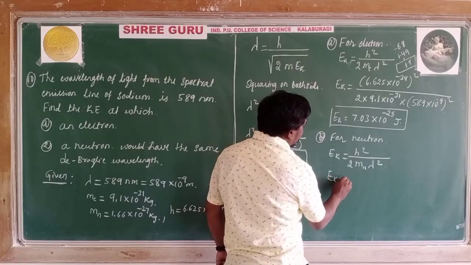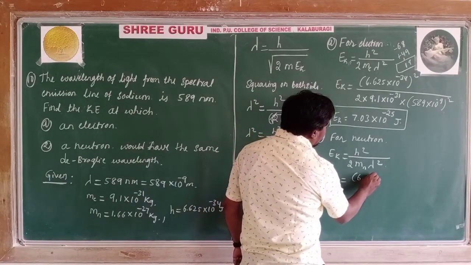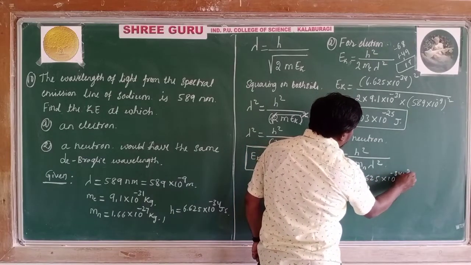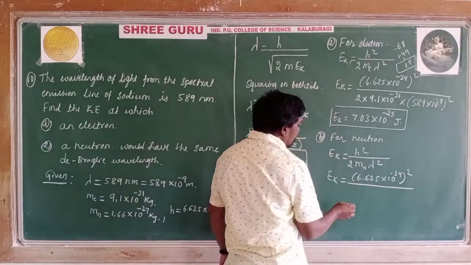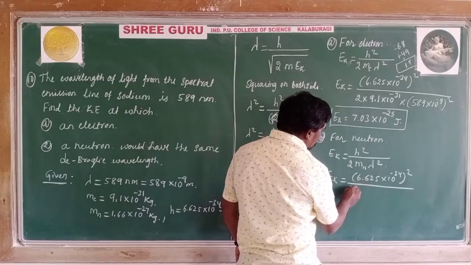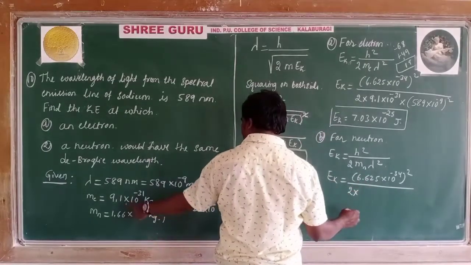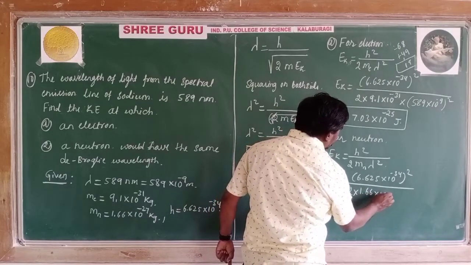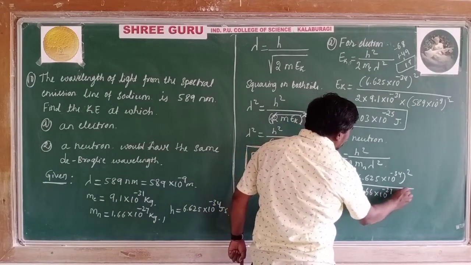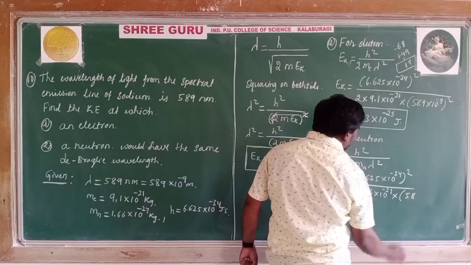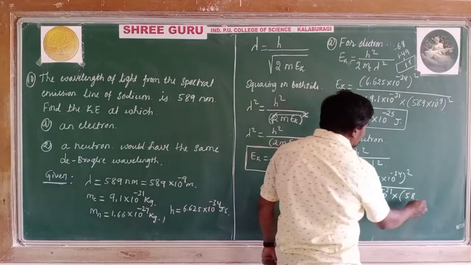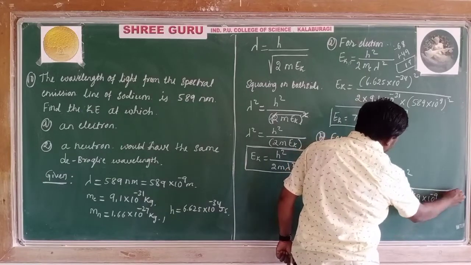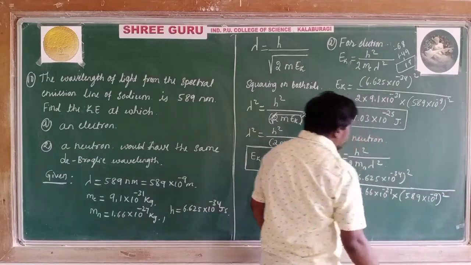Ek becomes 0.625 into 10 raised to minus 34 whole square. Denominator is 2 into mass of neutron, 1.66 into 10 raised to minus 27, and lambda is same for both the electrons and neutrons, 589 into 10 raised to minus 9 whole square.